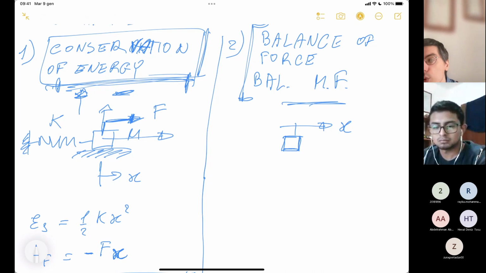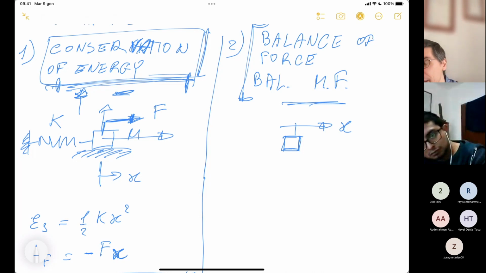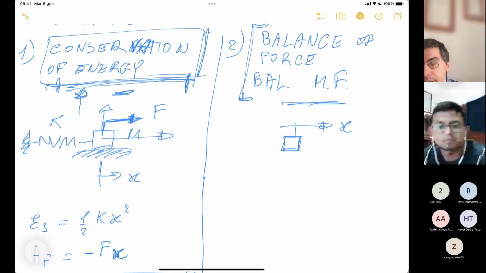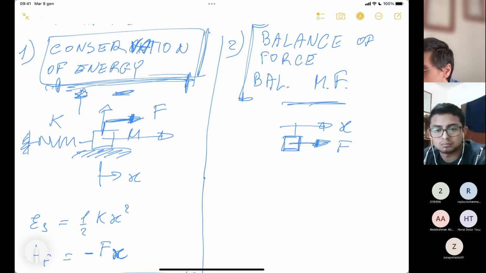And then we have to put on this material particle the external actions that act on it. So we have the same as before, F, which is the external force that we know, and then we have the elastic reaction.